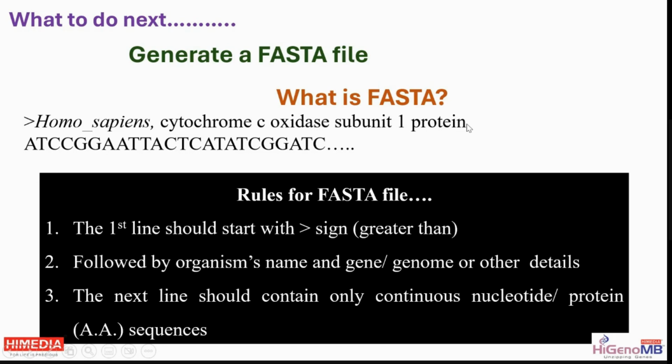Everything should be in just one line. The second line will always start with the ATGC sequence, whatever sequence is available. If such a file format is available in front of you, or you can convert your data into such a format, that is a FASTA file.